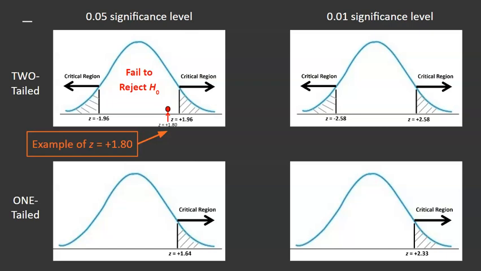Now, let's do this study again, but instead with a one-tailed test. Oh my! The sample z-score does fall in the critical region, and we will reject the null hypothesis. In other words, our study is now statistically significant. If you want high statistical power, you will want to select a one-tailed test.